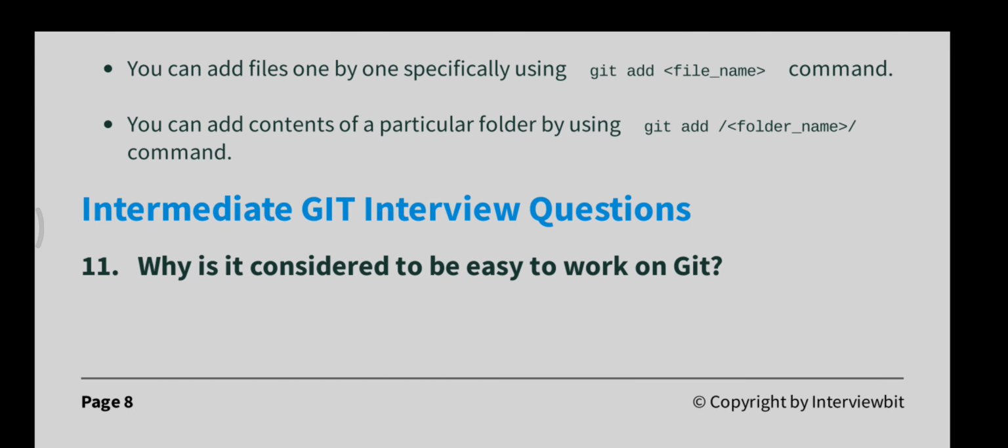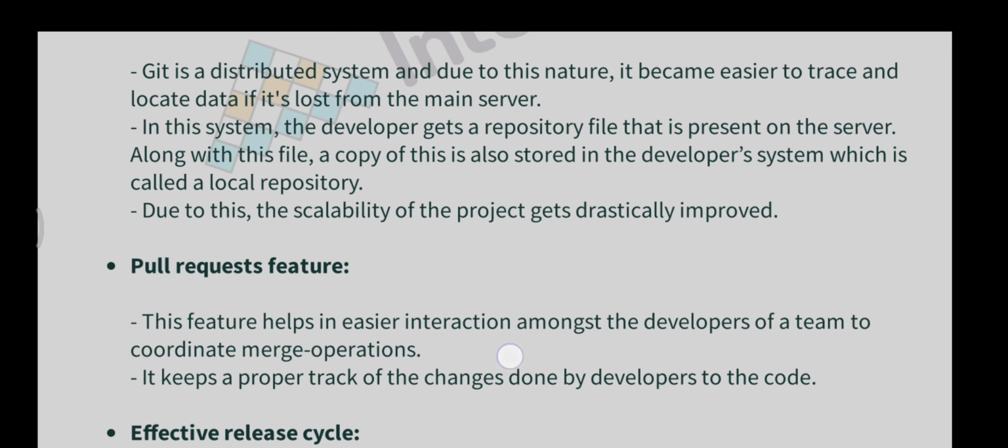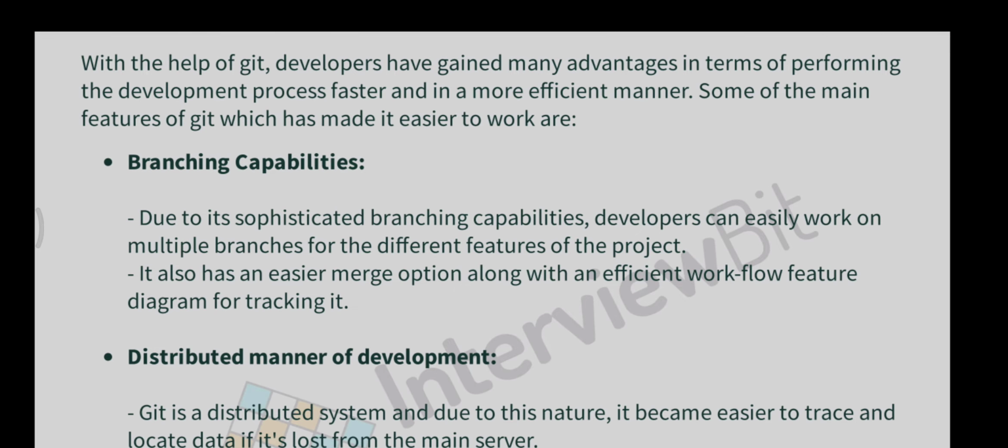Intermediate git interview questions. Why is it considered to be easy to work on git? With the help of git, developers have gained many advantages in terms of performing the development process faster and in a more efficient manner.